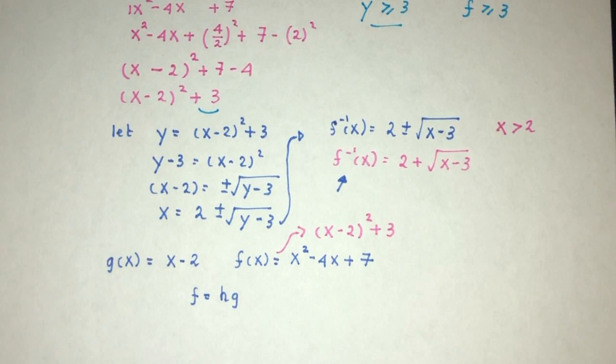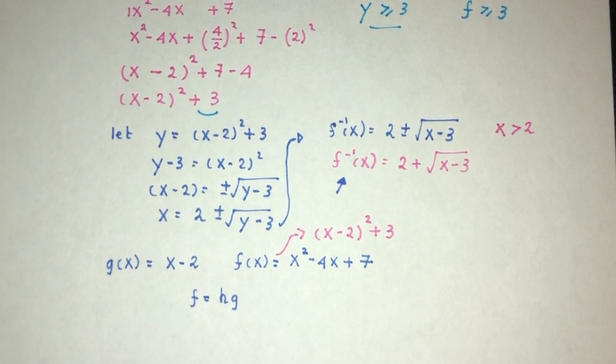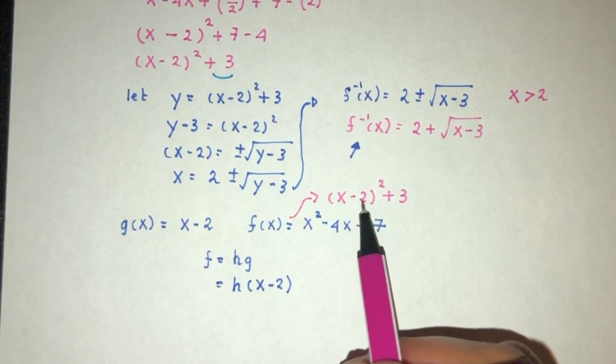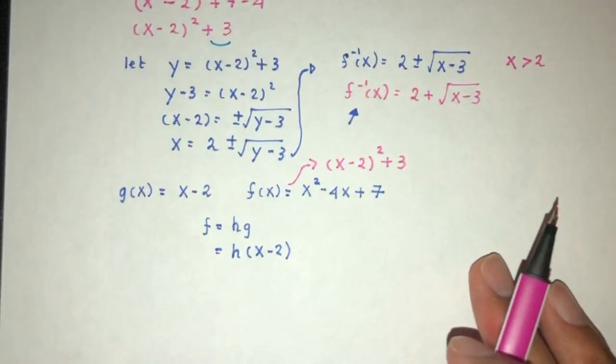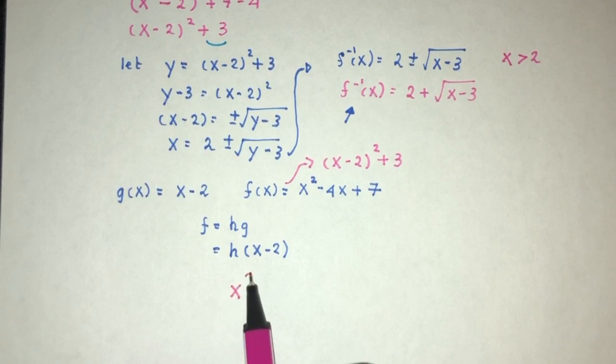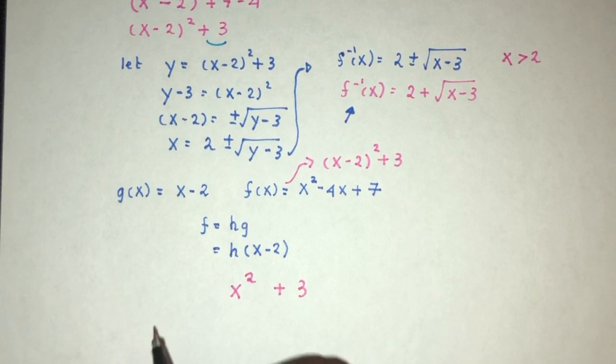Okay. Now we have to find an expression for h of g. So by observation you can see it is not that hard to derive the value here because we don't know h, okay, but we know g is equal to x minus 2. Now as you can see here we have (x minus 2) squared, so it means that h will have to have something as x squared and then plus 3. That makes sense, right?